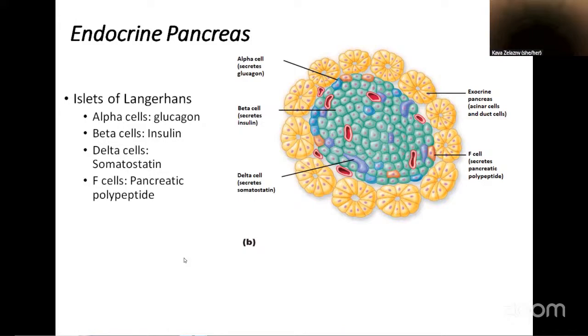Delta cells are making something called somatostatin, and our F cells are making pancreatic polypeptide. We're not going to think extensively about those in this unit, but we are going to think about glucagon and insulin and how they have opposite actions. And in this way, really toggle you well between our kind of fasting states and well-fed states.